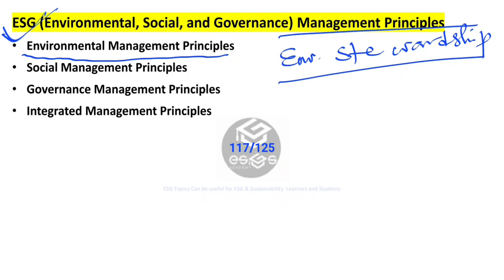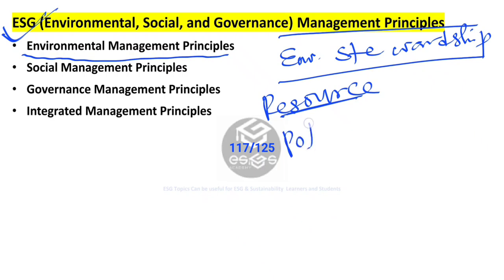In this we can talk about implementing strategies to mitigate the climate change impacts and adapt to the climate risk. The next one can be related to resource efficiency. So optimize the resource use efficiency and reduce the waste generation across all the operations.